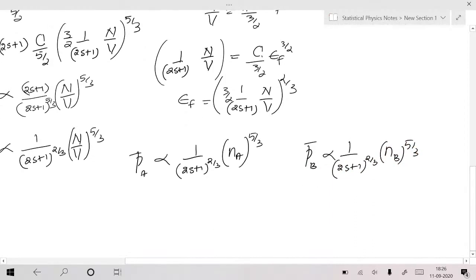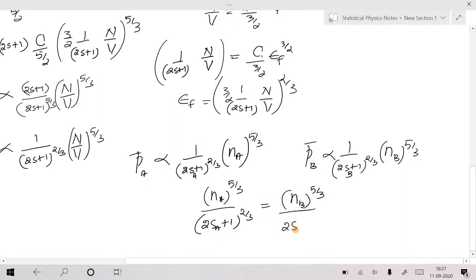Now equate them. I better write SA here and SB here, because this spin corresponds to A, and that spin corresponds to B. When I take the ratio, I think I need nA by nB, am I right? Let me equate these two, because when these pressures are equal, nA raised to 5 by 3 divided by (2SA plus 1) raised to 2 by 3 is equal to nB raised to 5 by 3 divided by (2SB plus 1) raised to 2 by 3.